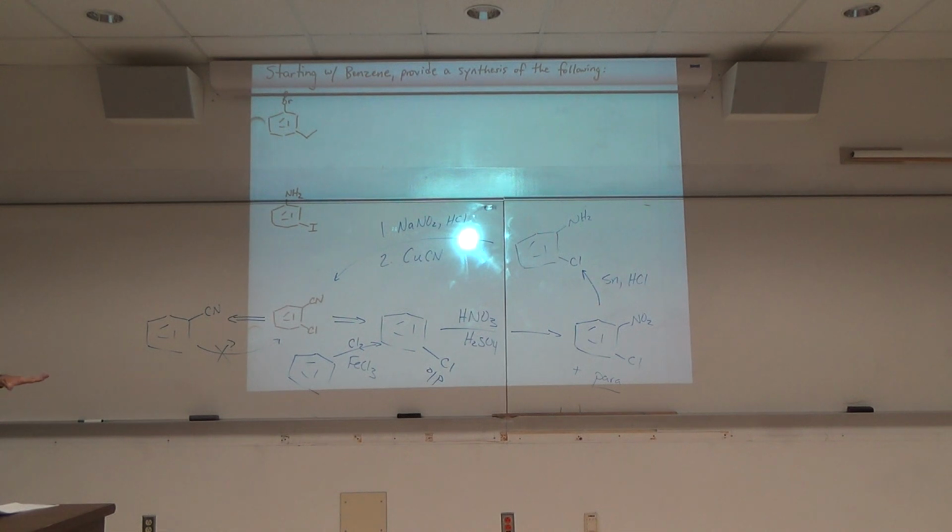Do the nitrous part, then you follow it by the copper cyanide, 1 and then 2. So diazonium chemistry, but diazonium is a multi-step. It comes from the amine. How do you usually get an amine on the ring? The nitro. So it's a multi-step process.